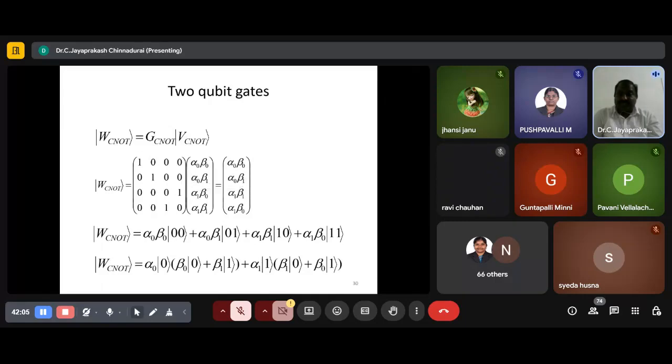Same like that, we take out alpha 1 ket 1, with beta 1 ket 0 plus beta 0 ket 1. So we can rewrite the previous equation, taking out the terms alpha 0 ket 0 and alpha 1 ket 1.